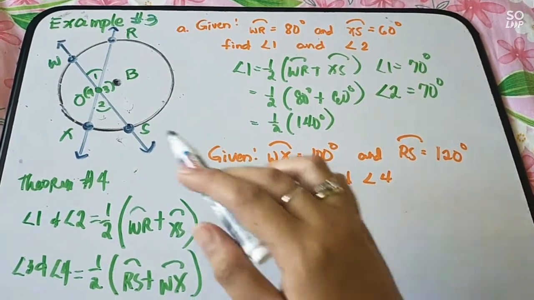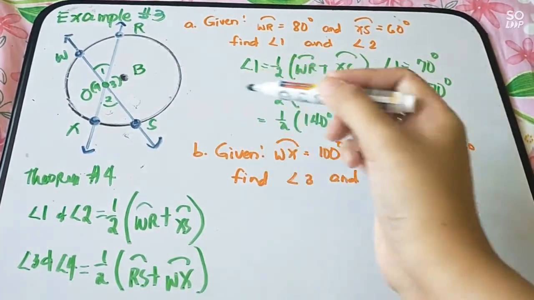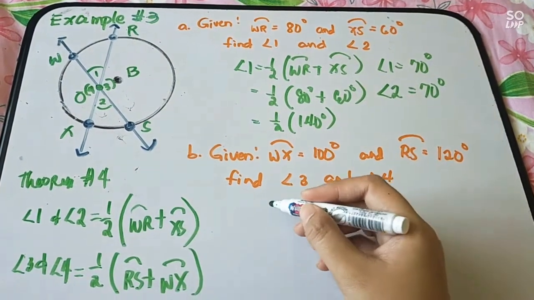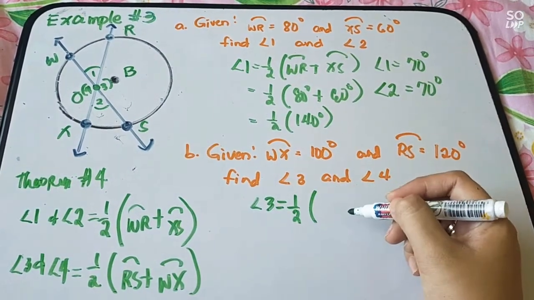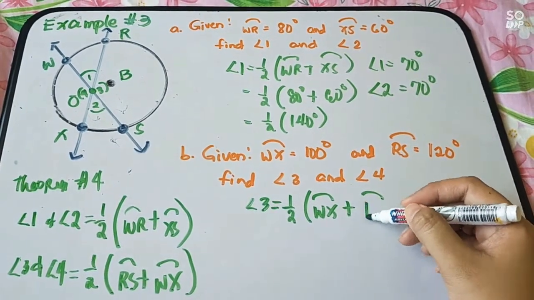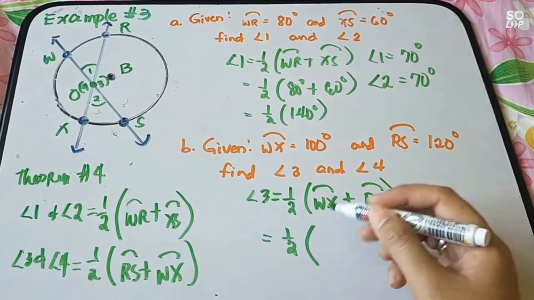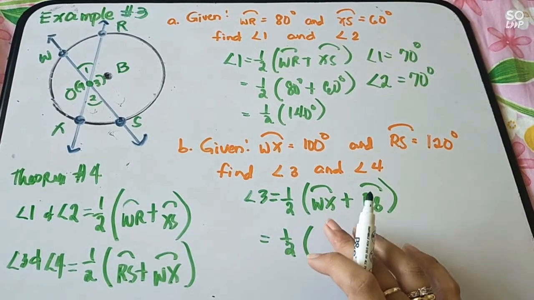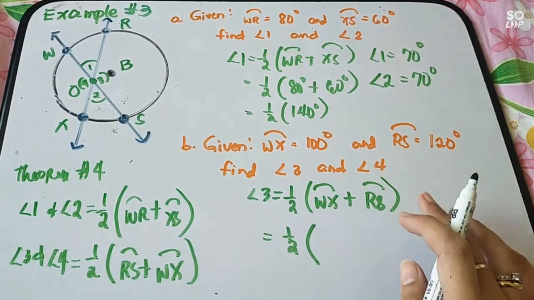Given, si WX daw po ay 100. Ito. Si RS naman ay 120. We are going to find for angle 3 and angle 4. So, we have now, angle 3 is equal to 1/2 naman siya ni arc WX plus arc RS. Okay lang itong magkabaliktad kasi addition naman. Pero kung siya ay subtraction, kailangan lagi nauuna si bigger arc kesa kay smaller arc para laging positive yung sagot natin.